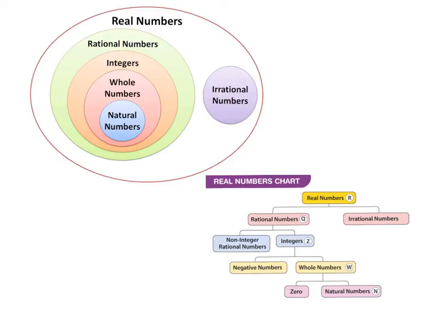I have two diagrams up here, one a Venn diagram, that's the one with the circles, and one a flow chart. In there, you'll see all the different subsets of numbers. You'll notice that in the real number system, we have two big sets called rational numbers and irrational numbers. The root word in rational and irrational is the word ratio. And a ratio means that you can write the number as a fraction.